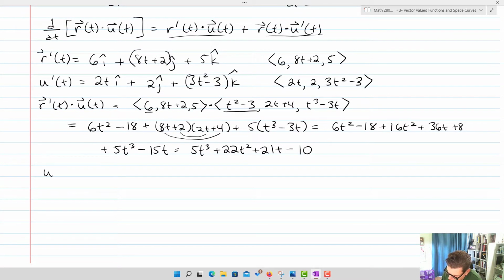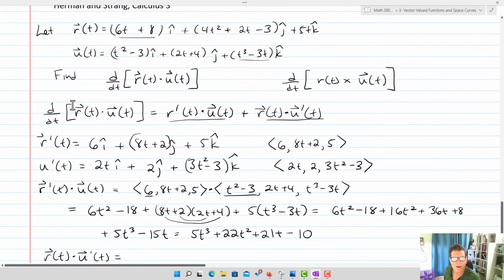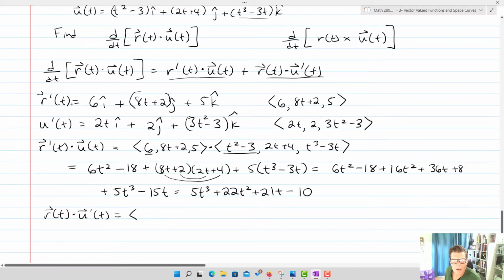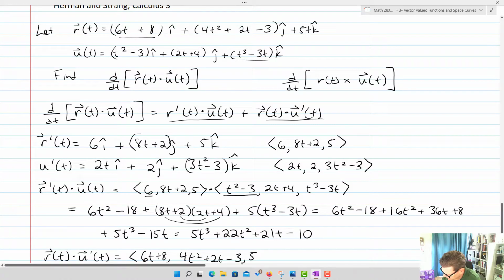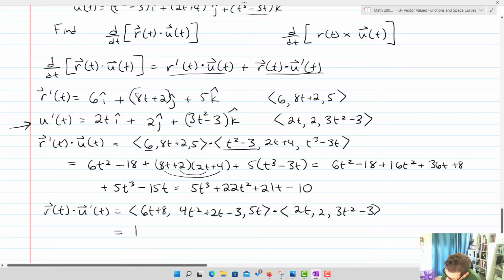And that is going to be r'(t) dotted with u(t). Now we need to do r(t) dotted with u'(t). So we'll take our dot products again. That's going to be <6t plus 8, 4t squared plus 2t minus 3, 5t> dotted with our u'(t), which is <2t, 2, 3t squared minus 3>. This will then equal 12t squared plus 16t plus 8t squared plus 4t minus 6.